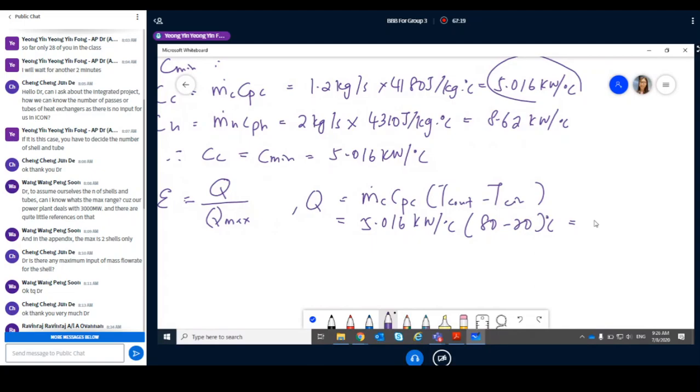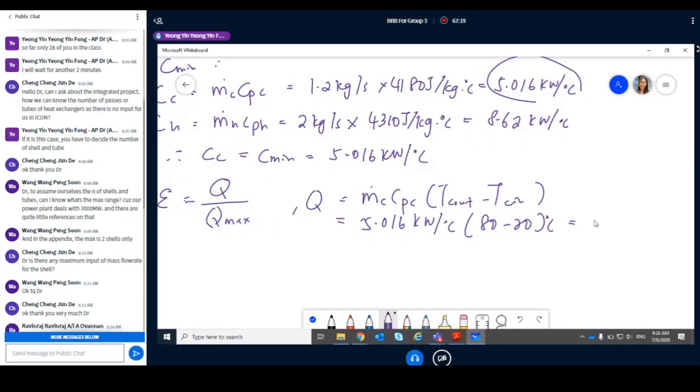Okay. Everybody get the value 0.428 or not? 0.428 effectiveness. Are you all calculating? Students? Okay.